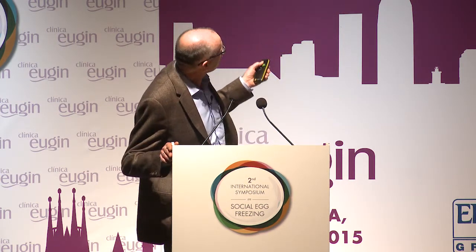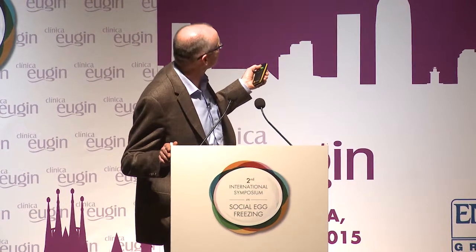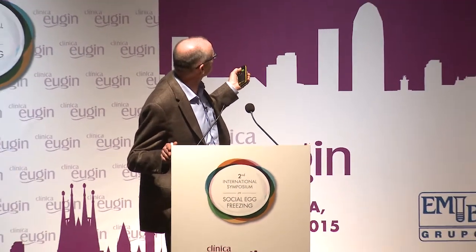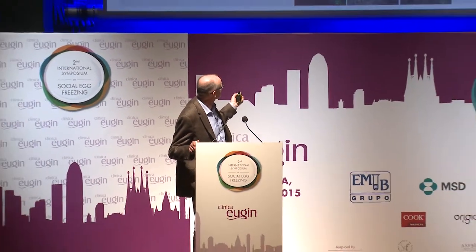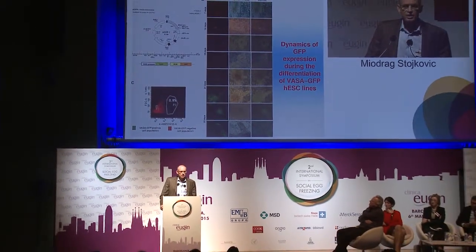After a while, you will see here on your right-hand side colonies of human embryonic stem cells, and these green cells are the primordial germ cells, as expressed with green fluorescent protein. We also did FACS sorting analysis, and you see here the fraction is 0.8% of these cells are PG cells.